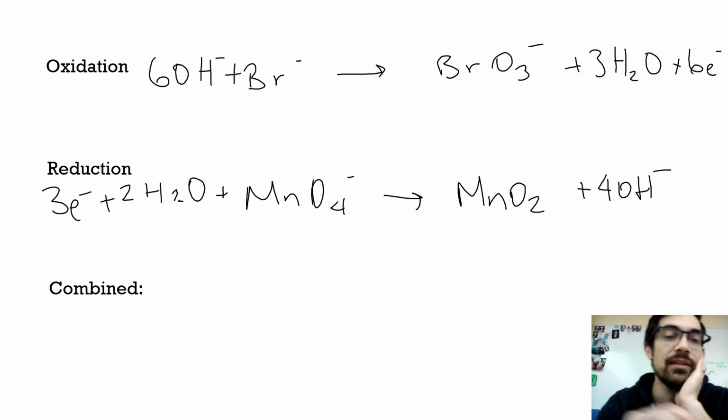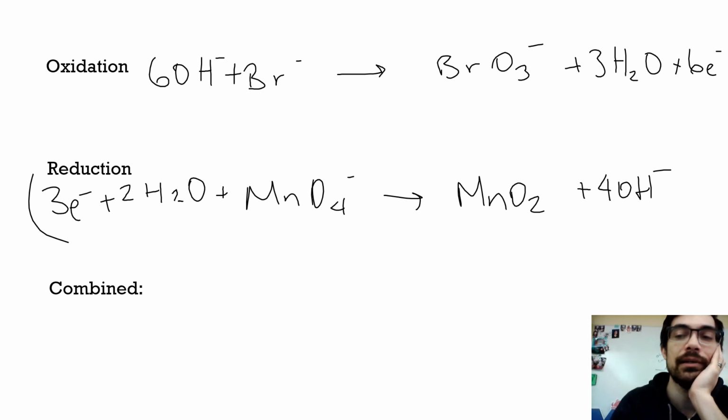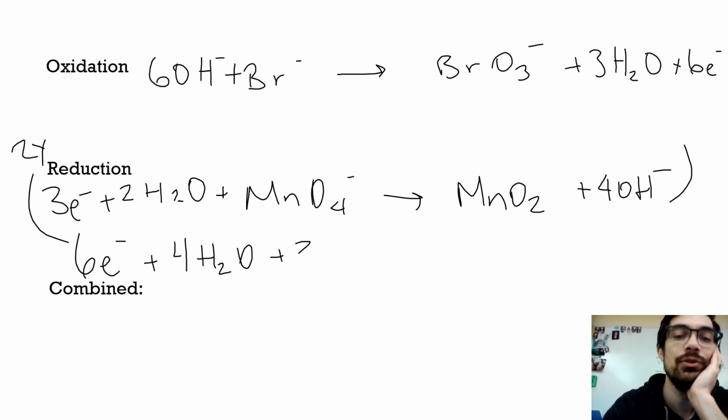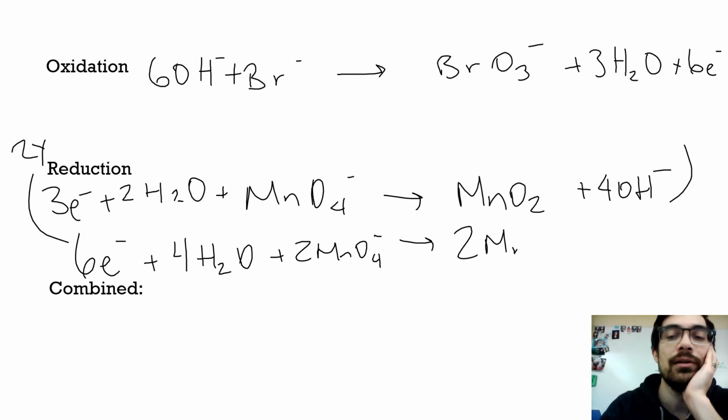So we don't have to do anything to oxidation, but we do have to multiply this reduction by 2. So we get 6 electrons, 4 waters, 2 MnO4 minus, 2 MnO2, and 8 hydroxides.